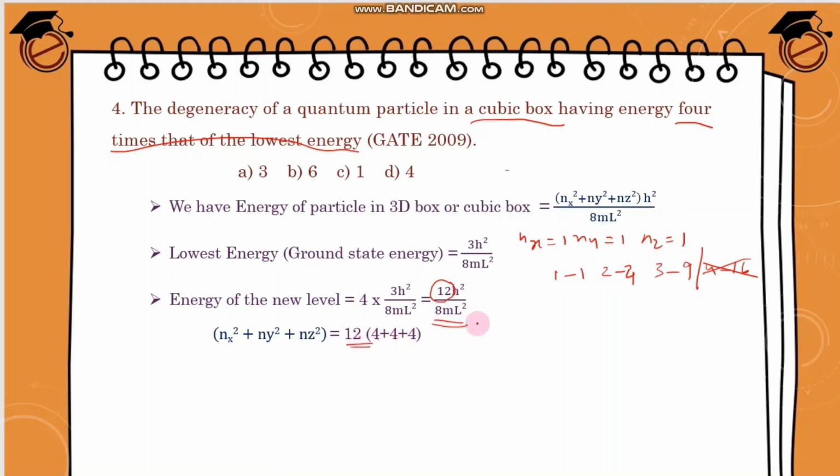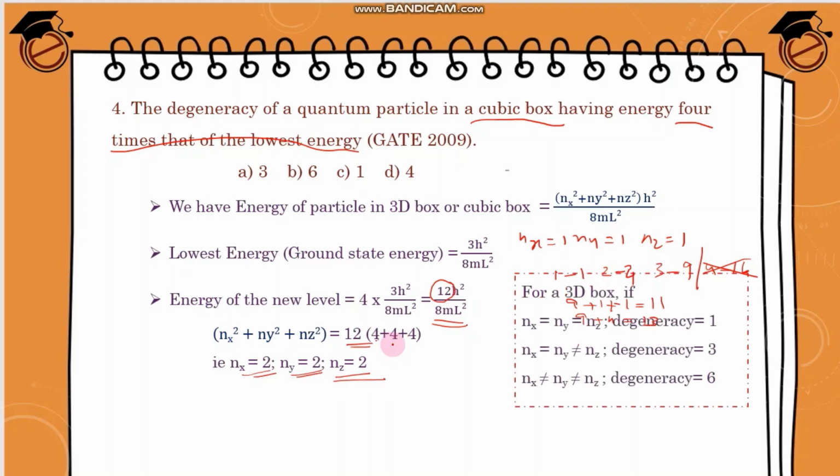Is any other value there? 9 plus 1 plus 1 will be 11. 9 plus 4 is 13. So only this possibility is there, that is 4 plus 4 plus 4. So corresponding to that, nx is 2, ny is 2, nz is 2.